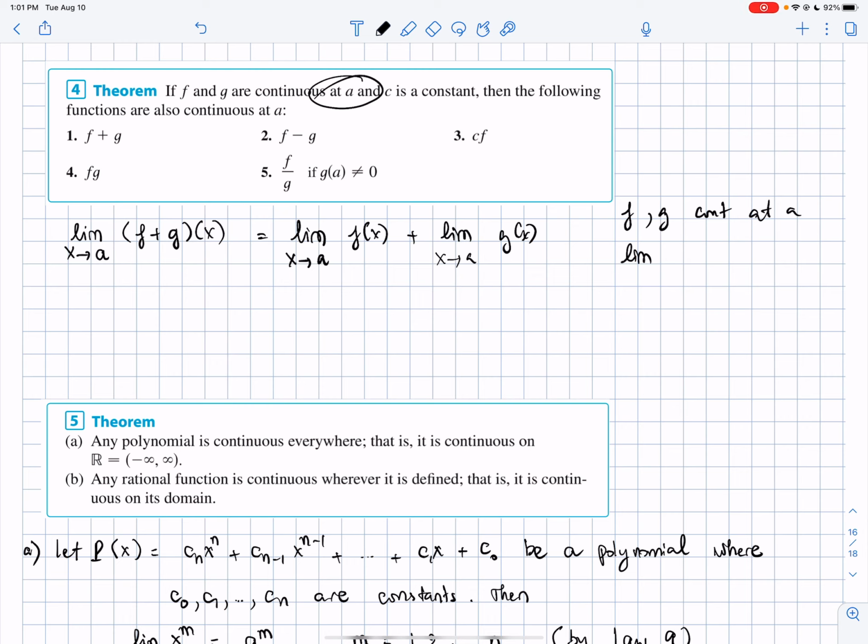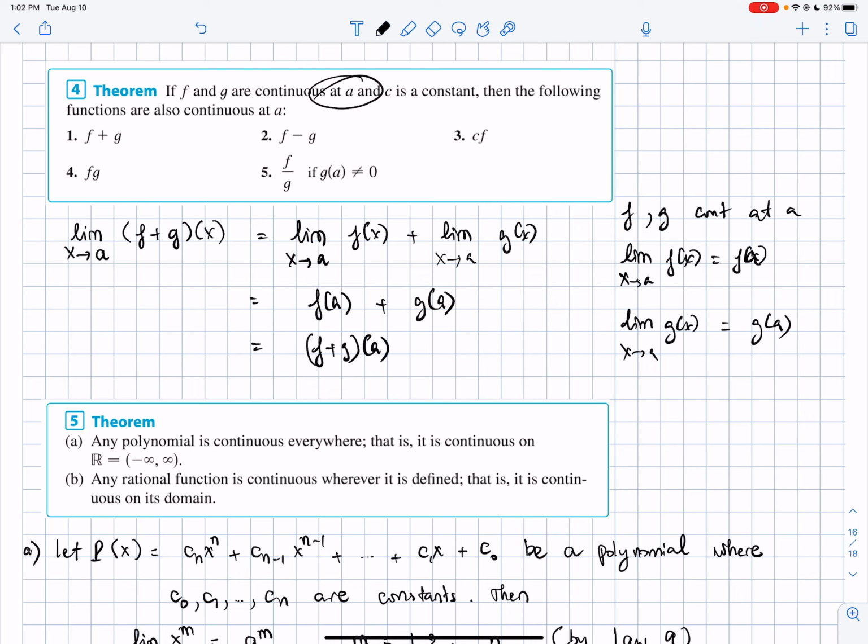Then we can write the limit as x approaches a of f of x equals f of a, and the limit of g of x as x approaches a is equal to g of a. So we can write f of a plus g of a, which is equal to f plus g of a. Then we can conclude that f plus g is a continuous function.